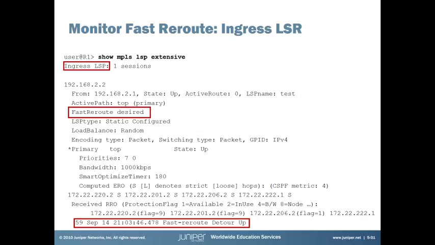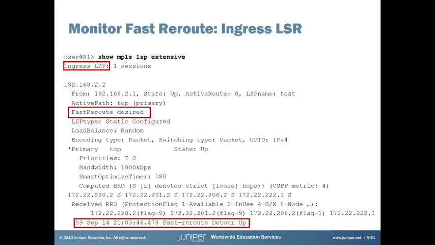This is great protection, particularly if you're protecting a particular customer's VPN, for example. You put fast reroute onto a customer's VPN, which means that if there is a link failure, that customer will not lose data. Fast reroute will kick in and data will not be dropped.